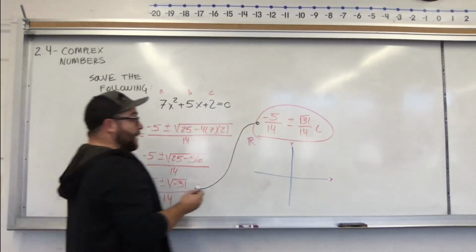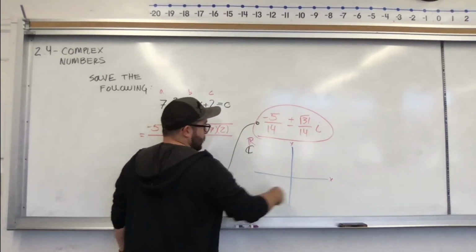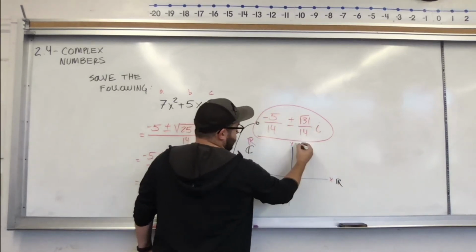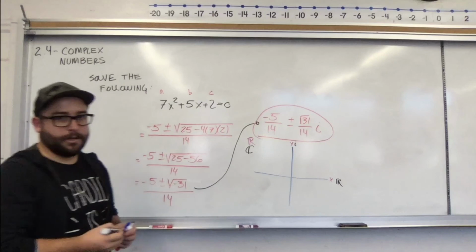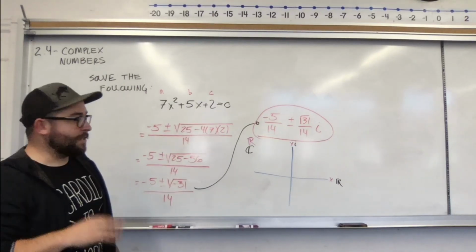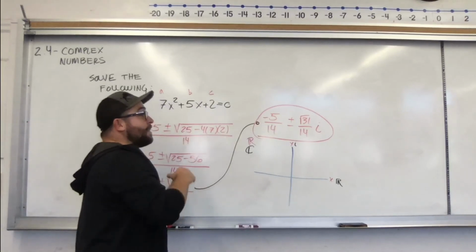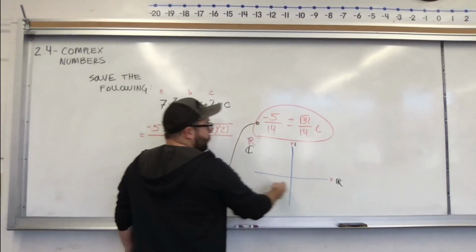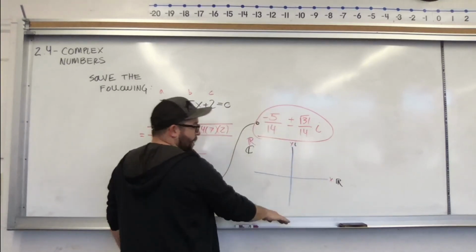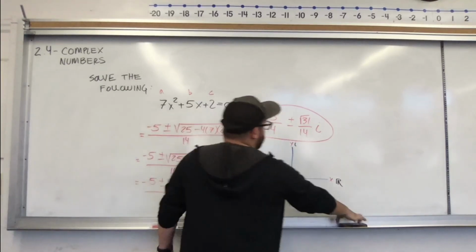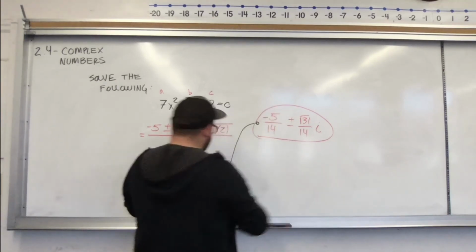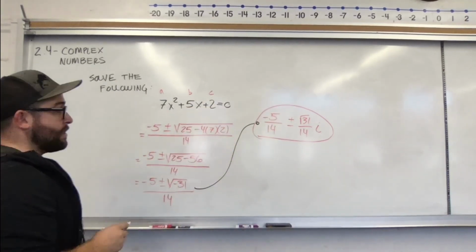Well, when we're dealing with complex numbers, this is the real axis, then up here is the imaginary axis. So down the road, we'll do things called polar coordinates and things, and this will make a lot more sense. However, only the real things are showing up here, and the imaginary is going to be floating either above or below that axis. So when it comes to having imaginary zeros, it is not actually crossing the x-axis at that point.